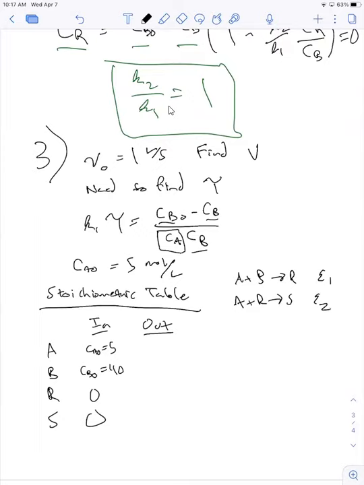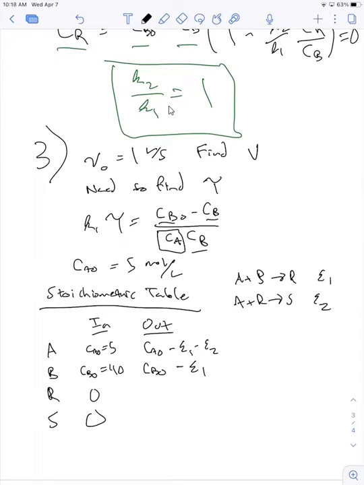So our extents. The concentration out of A is going to be our CA naught minus extent 1 minus extent 2. Our CB out is going to be CB naught minus extent 1.